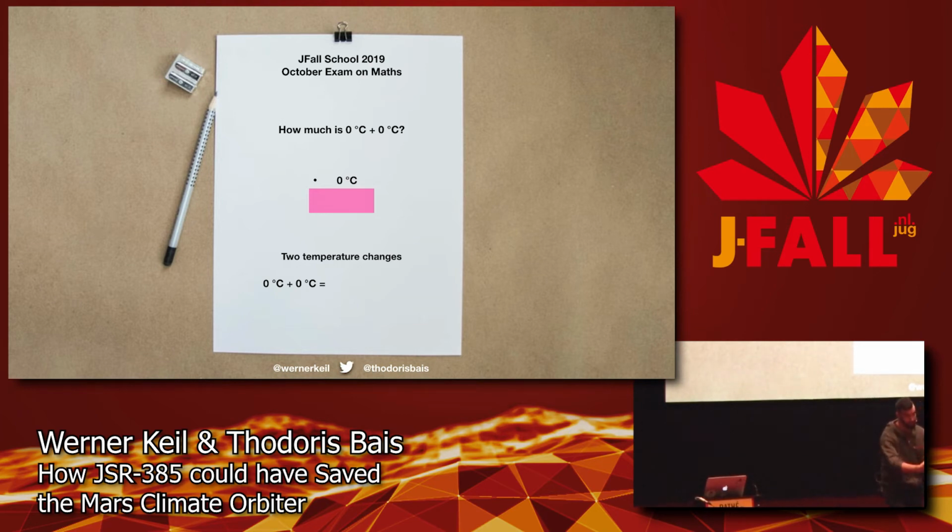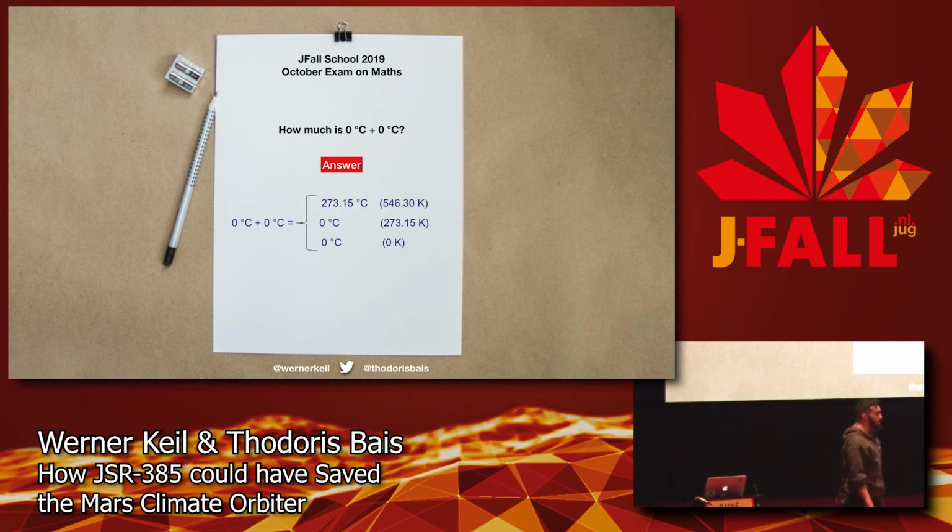For a temperature change, 0 degrees Celsius means 0 Kelvin. So here, of course, we have nothing else than 2 times 0 Kelvin, which is, of course, 0 degrees Celsius. That's why we said all the 3 answers are correct.